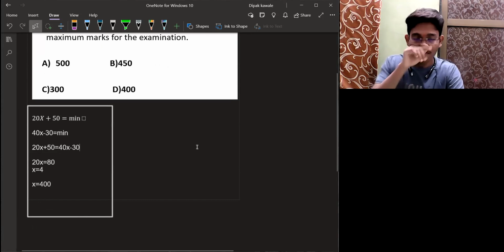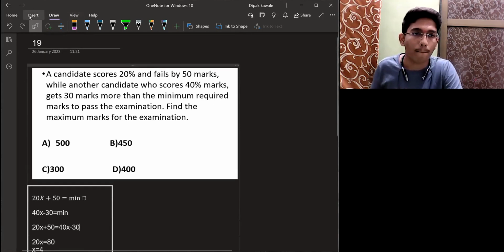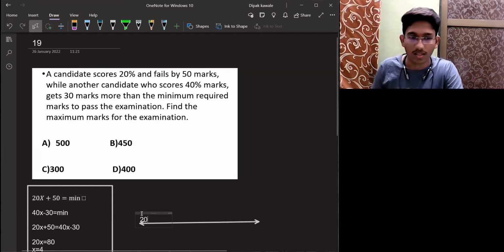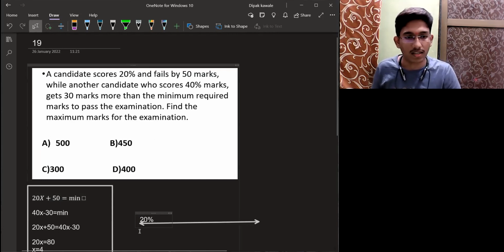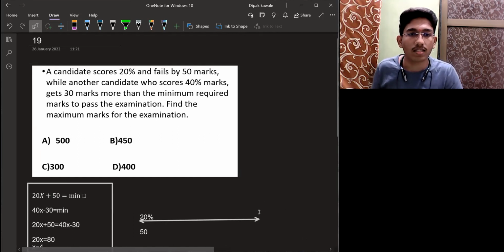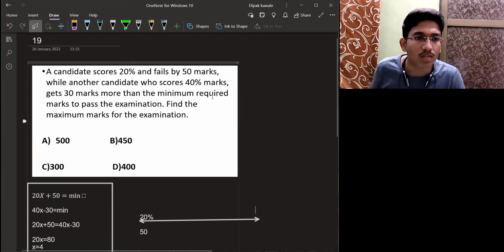Correct. Let's observe this question again. What they are saying: a candidate scored 20% and fails by 50 marks. Writing it at one side, he scored 20% and failed by 50 marks. And again it is saying that a candidate who scored 40% marks gets 30 marks more than the minimum.